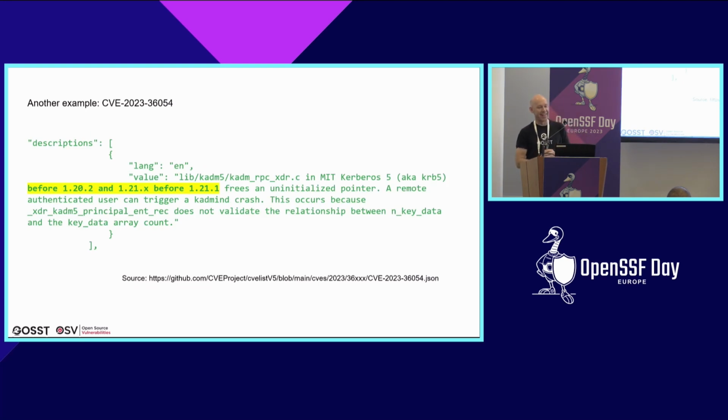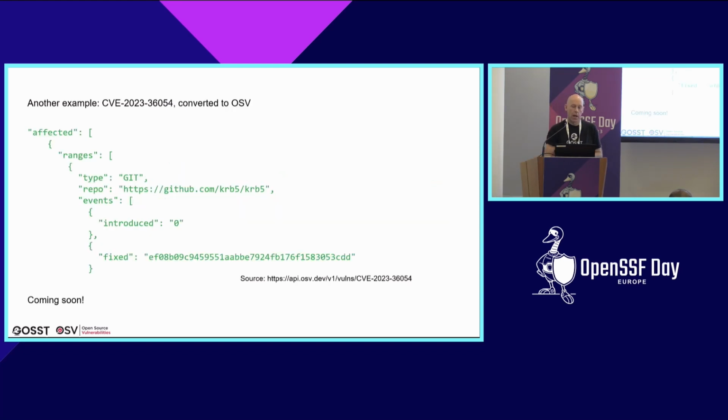Somewhat frustratingly, there is version information in the human-readable description of the CVE record, so it would have been straightforward to construct a usable affected field when authoring the CVE record. Here's a sneak preview of the OSV record that we're able to generate from the CVE record in the NVD. In this particular case, because there was a viable commit hash in the CVE record's references, we're able to infer a fixed commit hash.